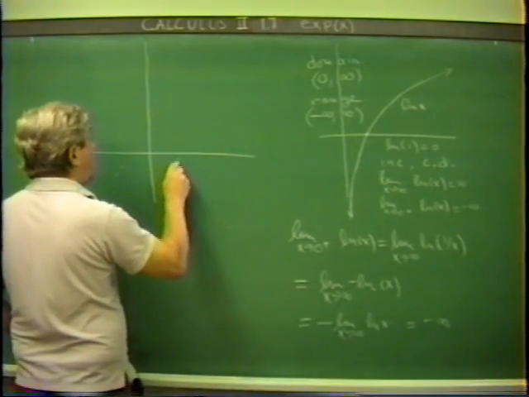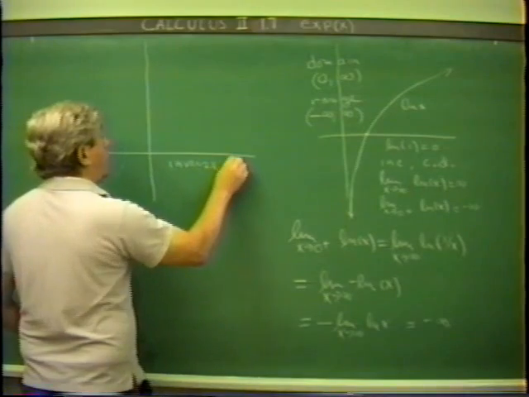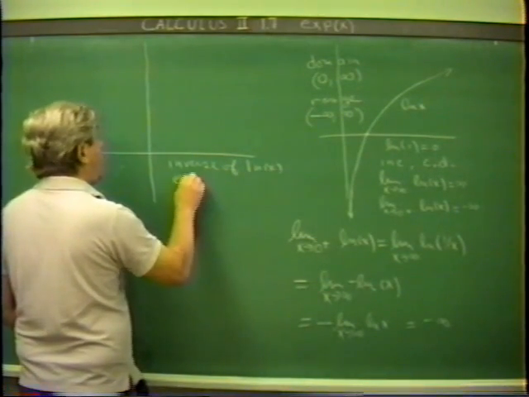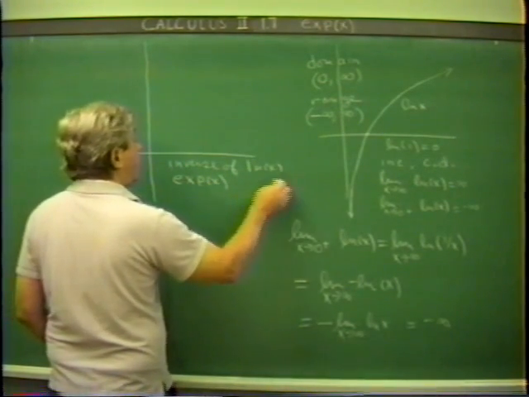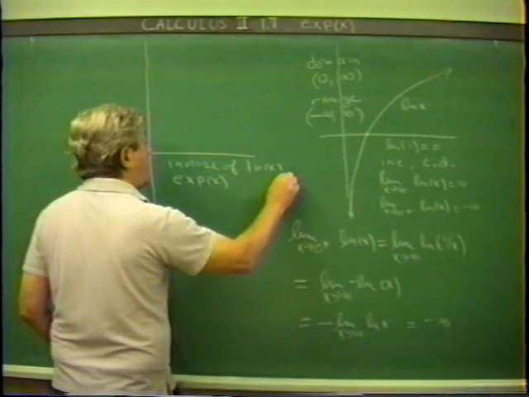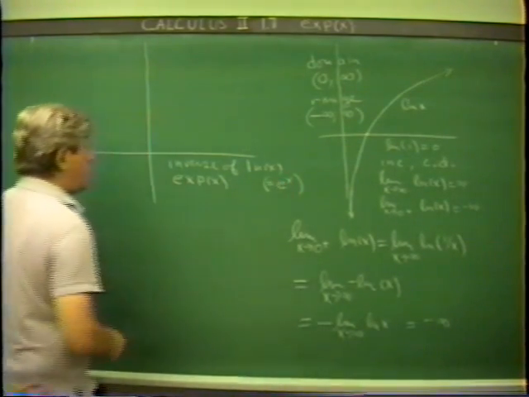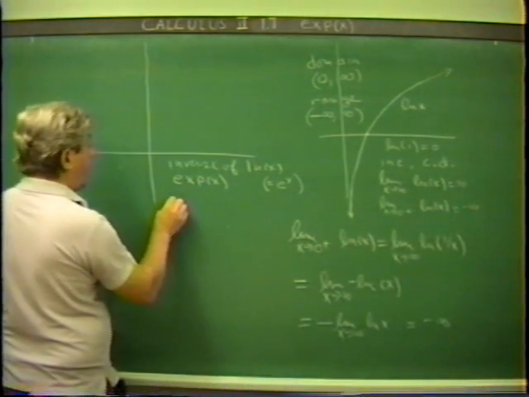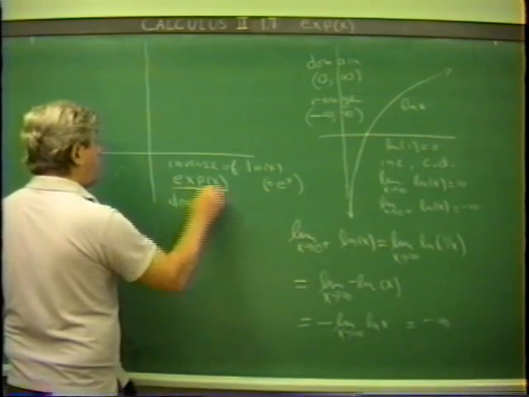We can look at the inverse of the logarithm function. The inverse of ln of x is going to be denoted by exp of x. We'll eventually show that it is an exponent. That's to say that there's a number e, and that this is going to be e to the x. For the meanwhile, however, we can note the following.